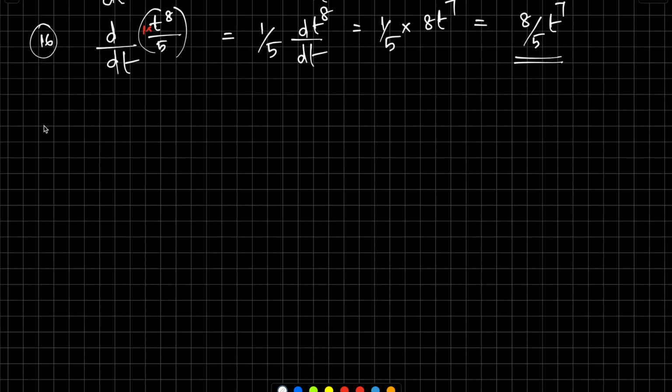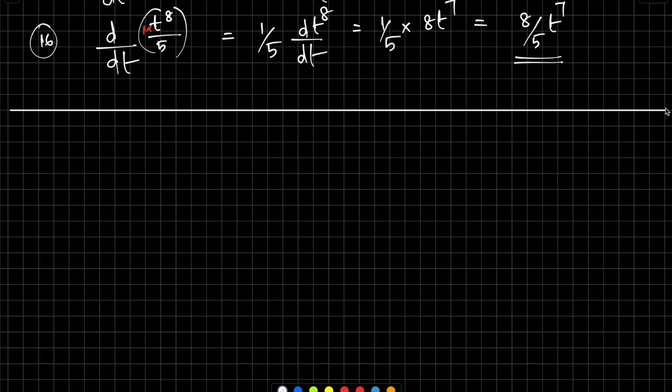Next one. Okay, next level. So far, we had only a single term. Okay, let's add multiple terms now. d by dt of 5t square plus 2t.